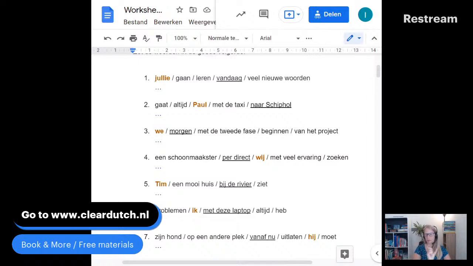It's allowed. Sometimes we're a bit flexible, but if you follow the standard rules, then you would say Paul gaat altijd met de taxi naar Schiphol, because naar Schiphol is the place, so that one usually goes at the end of the rest. Naar Schiphol gaat Paul altijd met de taxi. Prima. Ja, goed. Oké, nummer 3.